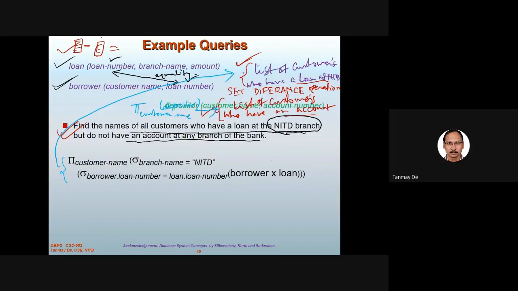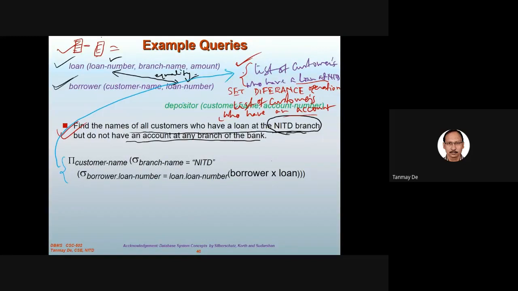That is, for that we need to consult the depositor relation. I think it's difficult to see, na? At least this is right now visible.